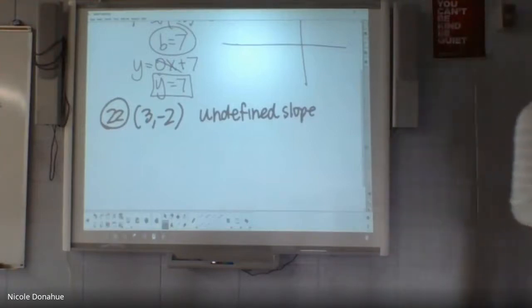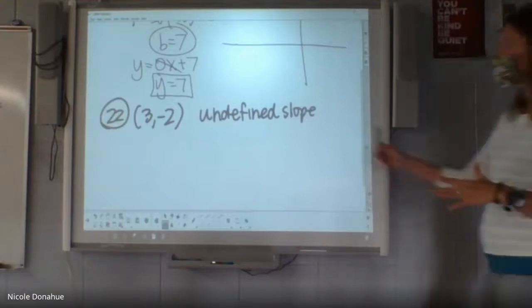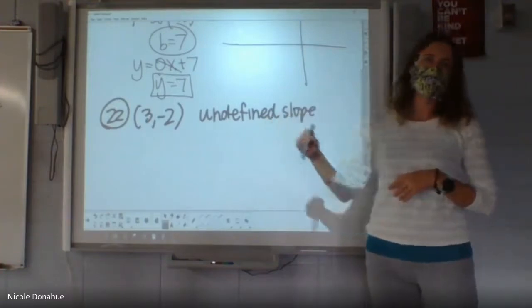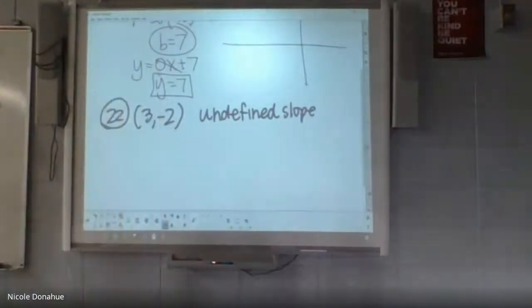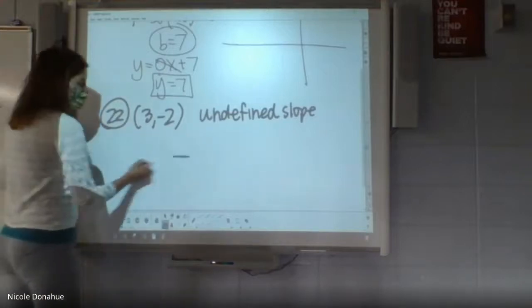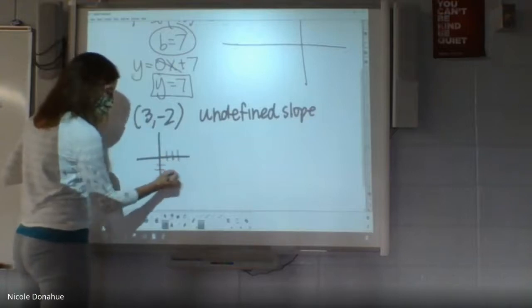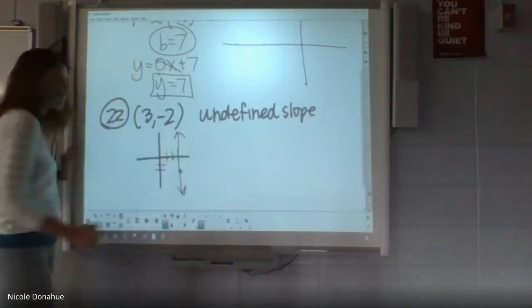Not good. So this is, you can't see well enough ahead, you fall off the side. So an undefined slope. So it's not a 0 slope. So we cannot say m is 0. I don't know how to put undefined in my equation, and I'm a math teacher. Like, I don't know what to do with that. So I have to think about what this maybe looks like. So if I have 3, negative 2, and an undefined slope, it would look like this.